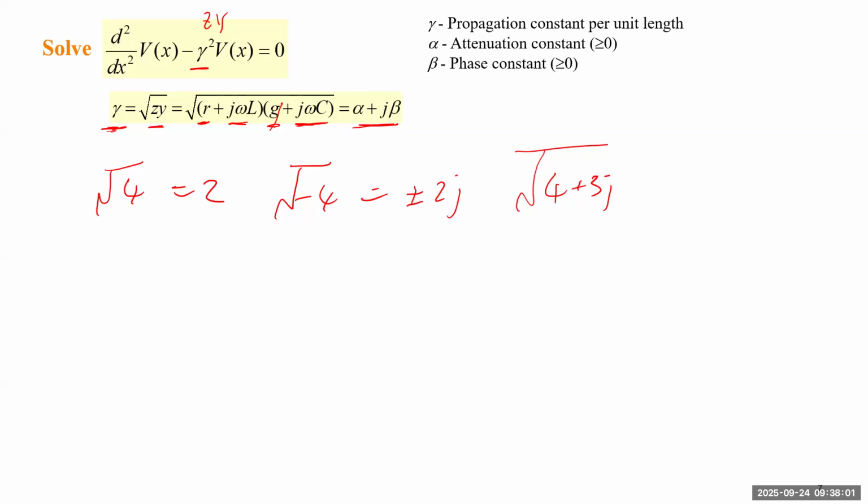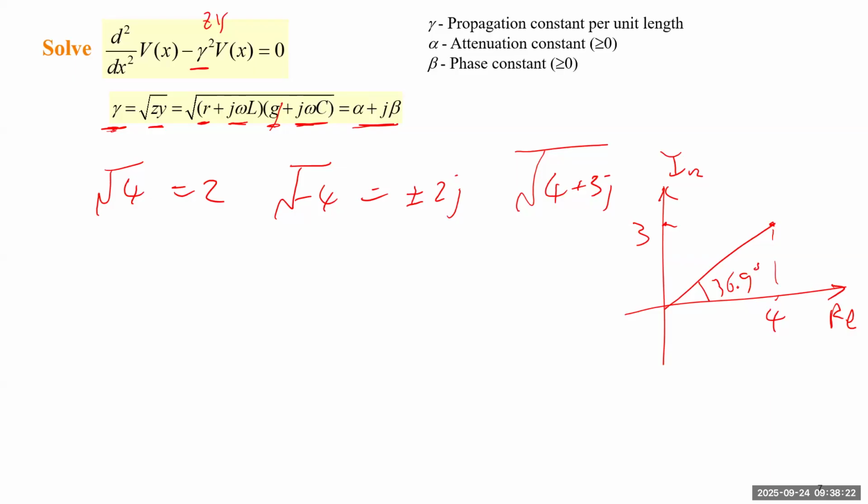So we know this one, if we draw the complex number, it will be something like this. We use this triangle, this distance is 4, this is 3. So this is real, this is imaginary. This angle is about 36.9 degrees, right? So this is a complex number.